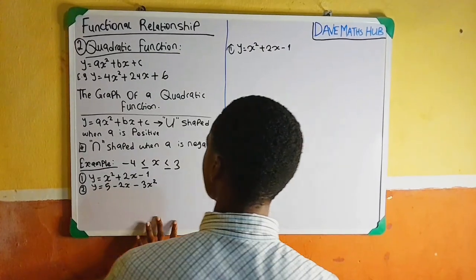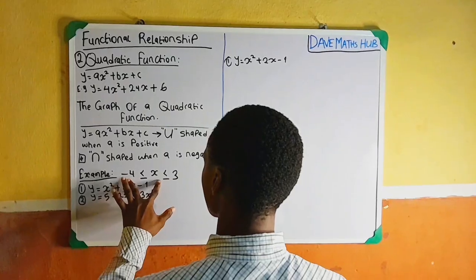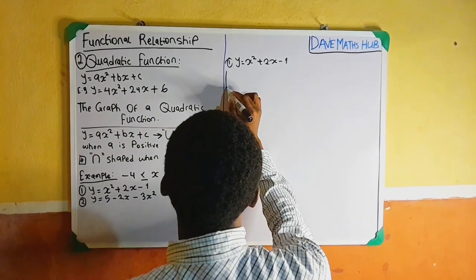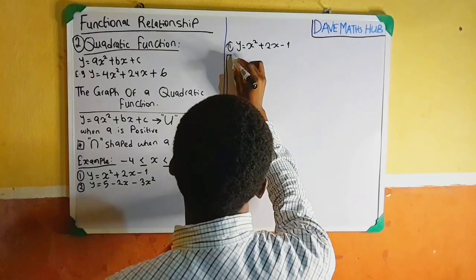So to best explain this, given this constraint, we'll need a table which should look like this.